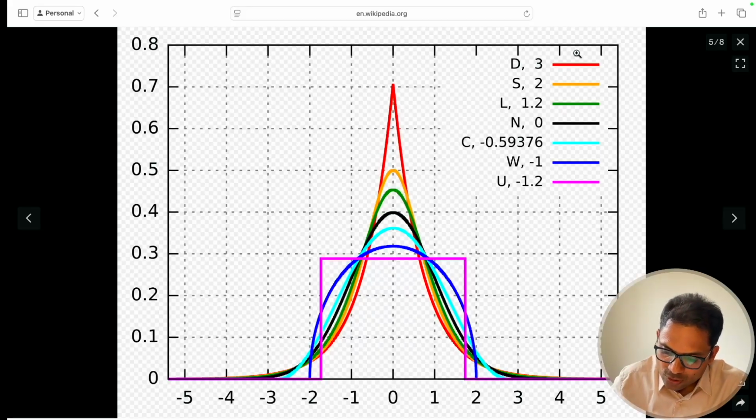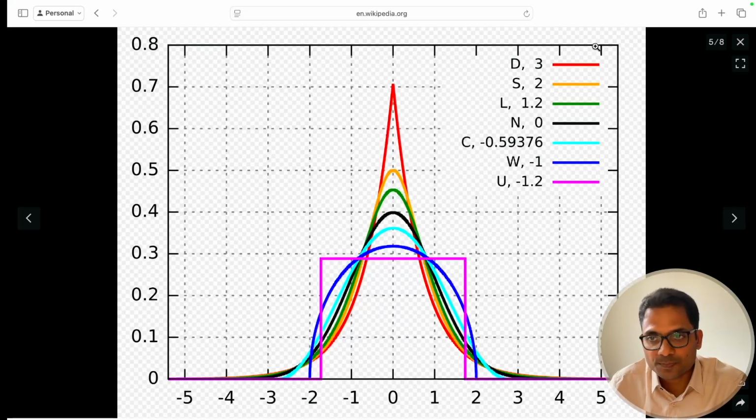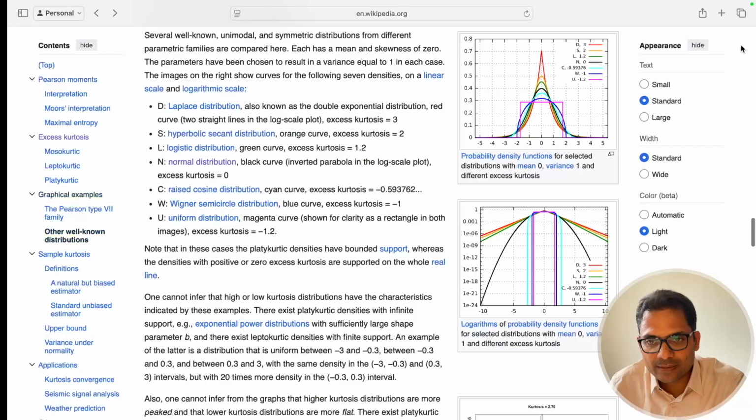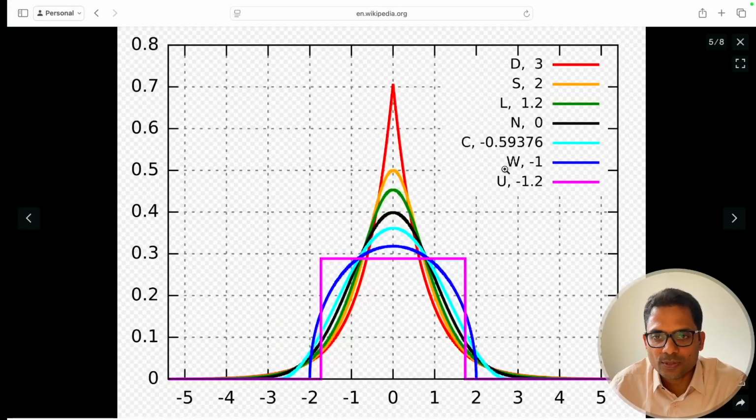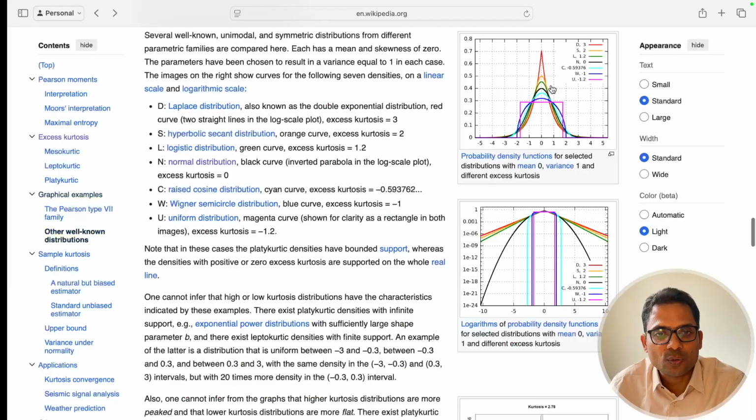As I mentioned, there are a lot of distributions. You can't even remember them all. We just talked about a few which are common, but there are many types of distributions. If you see, here are some letters: U, W, N, L, S, D. These names are there. What do they mean?